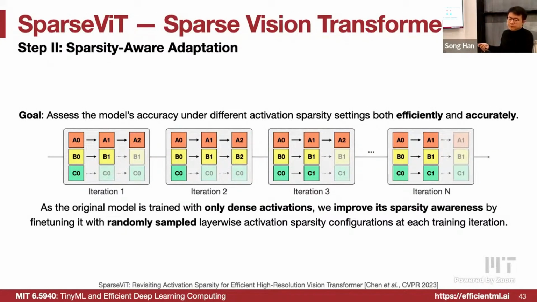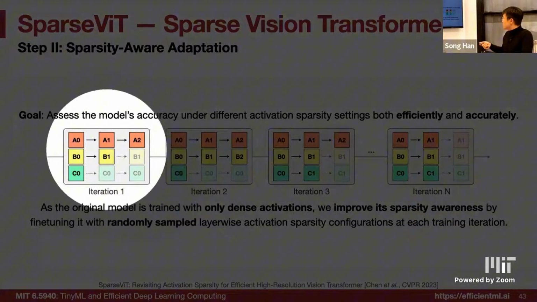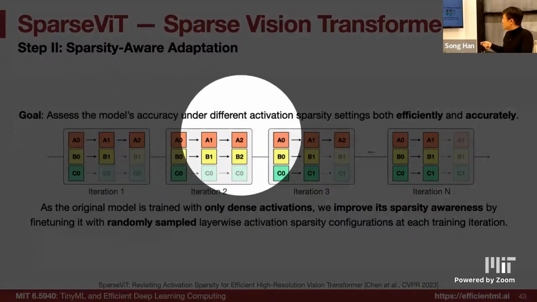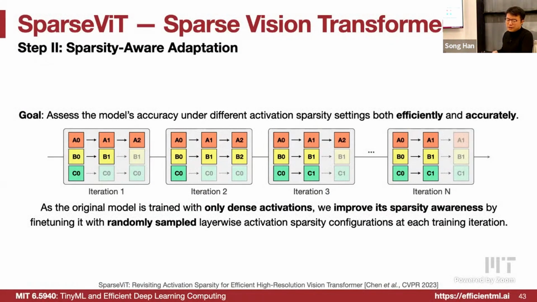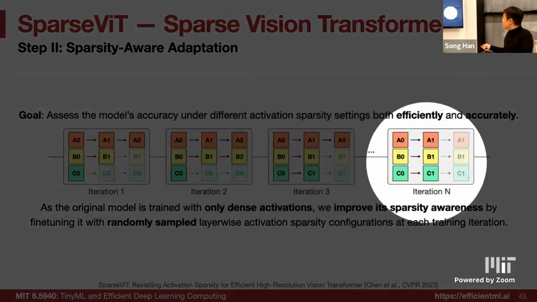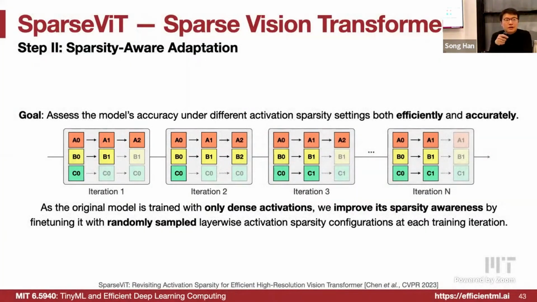Here we are randomly sampling different sparsity. The first layer is always dense. Second layer gets sparser. Third layer gets even sparser. We can also sample a different sparsity schedule. For each tuning iteration, we are sampling a different sparsity pattern. But what is common here is that the later layer is always more sparse than the first layer, since if a token is pruned, it cannot recover in this case.